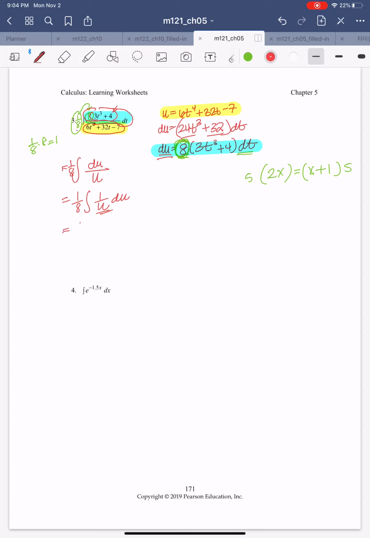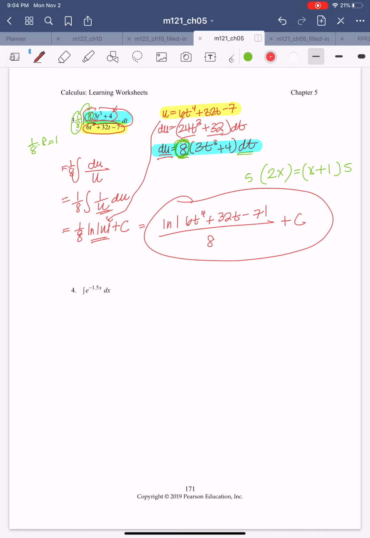So my final answer, 1 over 8 ln absolute value u plus c. And take a look at this one, u is 6t to the 4th plus 32t minus 7. So your final answer will be ln 6t to the 4th plus 32t minus 7, and you can put it over 8 plus c.